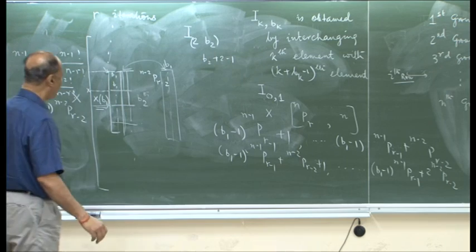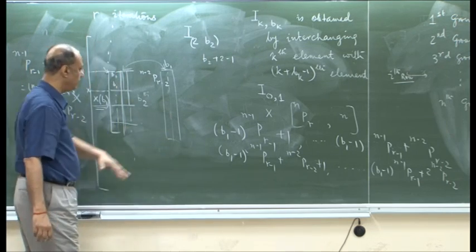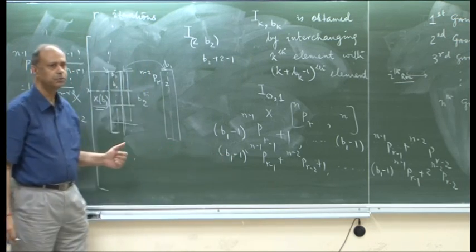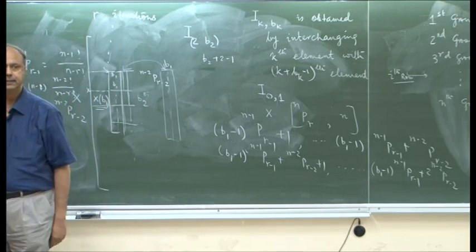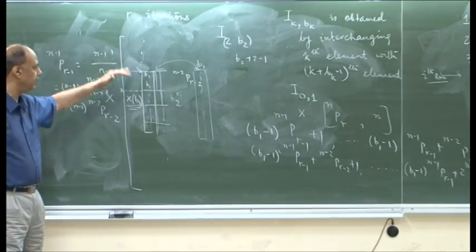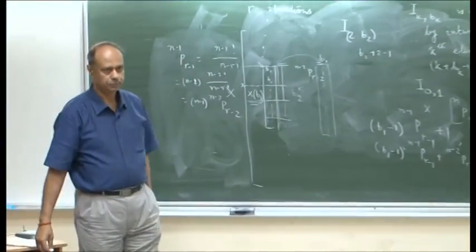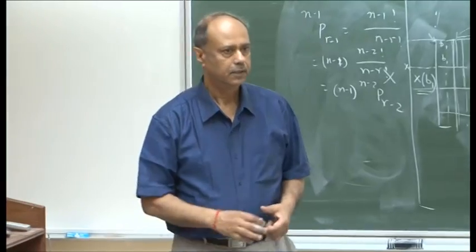So this is the first group of XB1, this is the second group of XB1, third group of XB1 you can define, and there are how many groups? N minus 1 groups. Right?